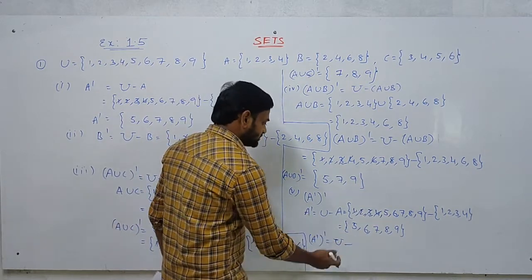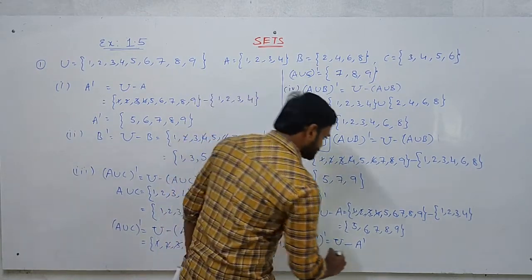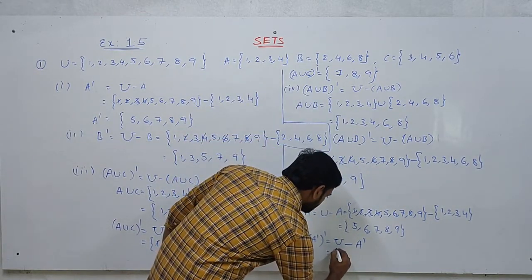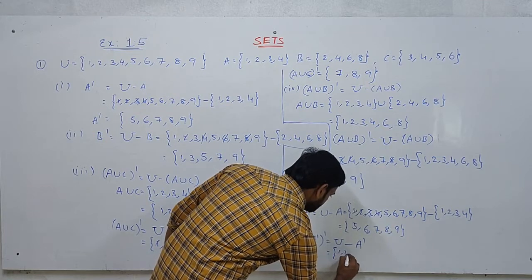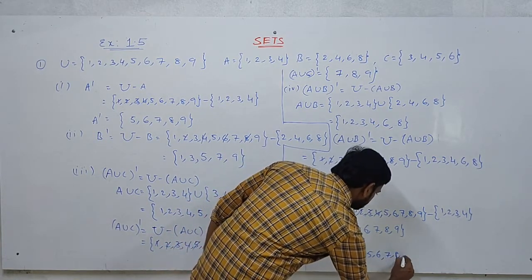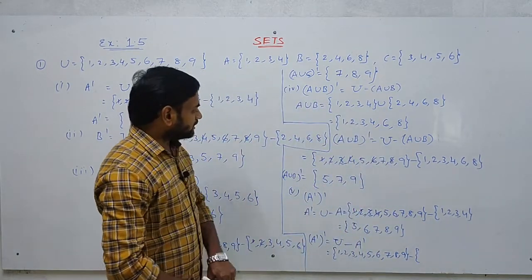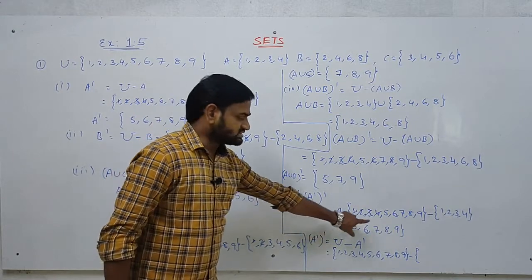So A dash whole dash means U minus A dash. So that is, what is U? 1, 2, 3, 4, 5, 6, 7, 8, 9, minus. Now what you got? A dash: 5, 6, 7, 8, 9.